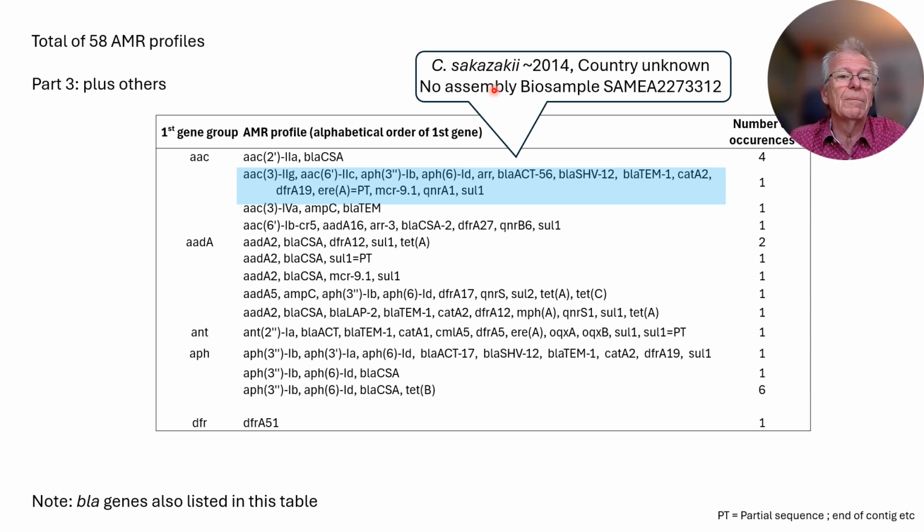It's meant to be Cronobacter sakazakii, and it could well be Cronobacter sakazakii. Best I can tell, isolated around about 2014, country unknown. But there's a biosample number. If anyone wants to look it up, investigate further, and if you find the assembly, please let me know, because obviously that is a lot of antibiotic resistance in one strain.